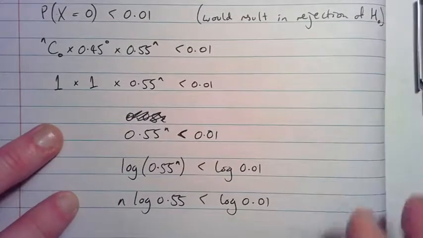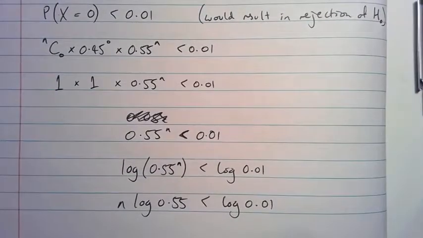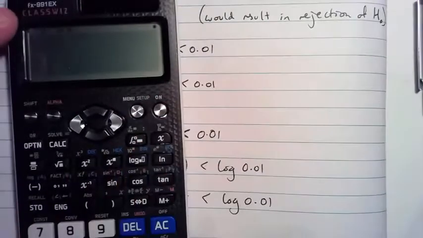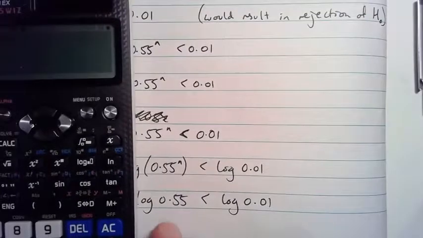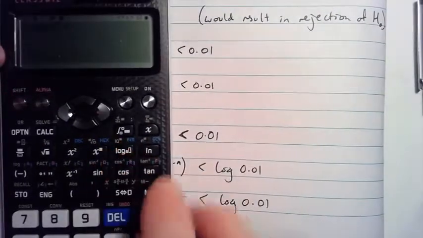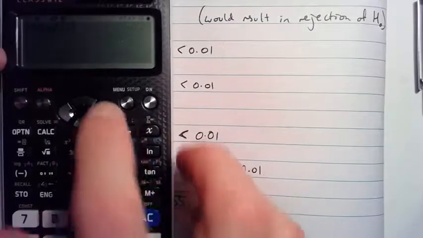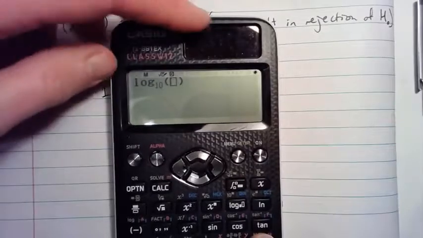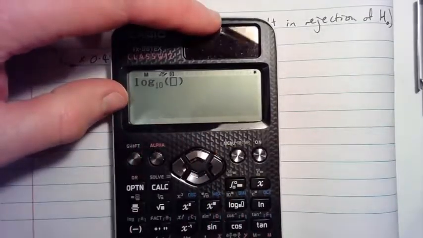However, when you divide and you've got an inequality, what you've got to be very careful about is that you don't have a negative number, or if you do, then you flip the sign. So let's see what log base 10 of 0.55 actually is. So log base 10 of 0.55.